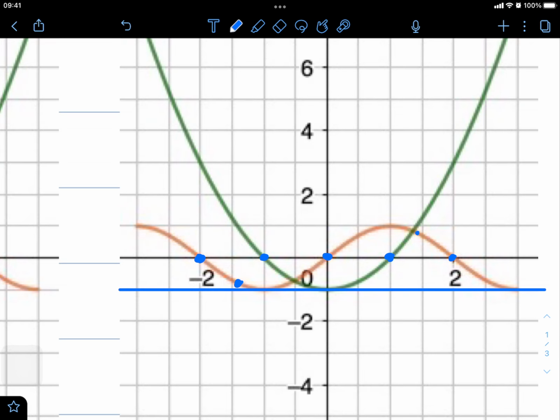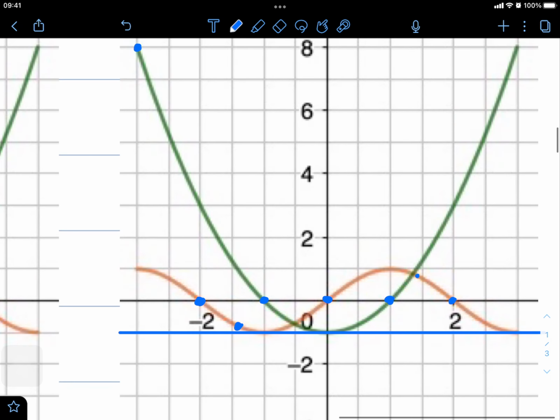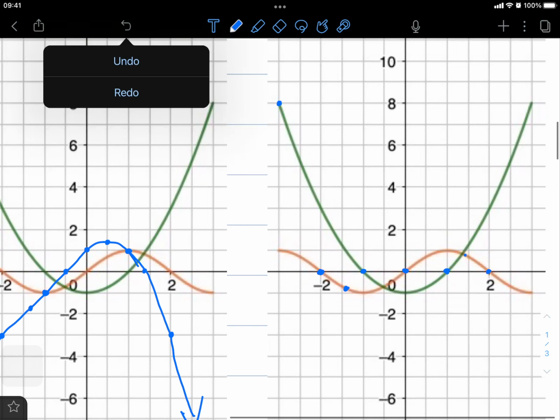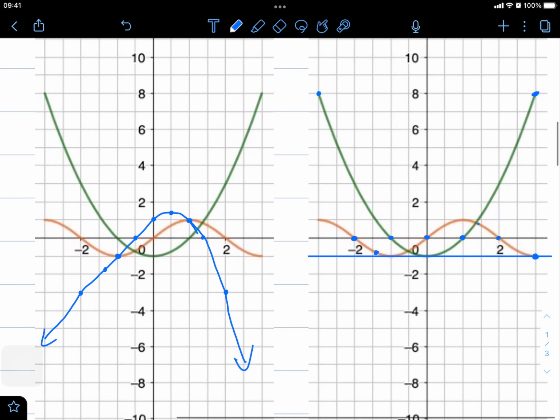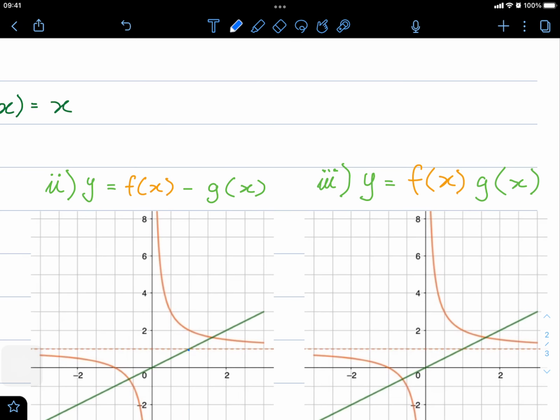There we are. When g is negative 1, f is 0, so it can't change signs, it stays where it is. And the last one is here. When f is negative 1, this here should change signs. So instead of positive 8, it'll be going down all the way to negative 8.